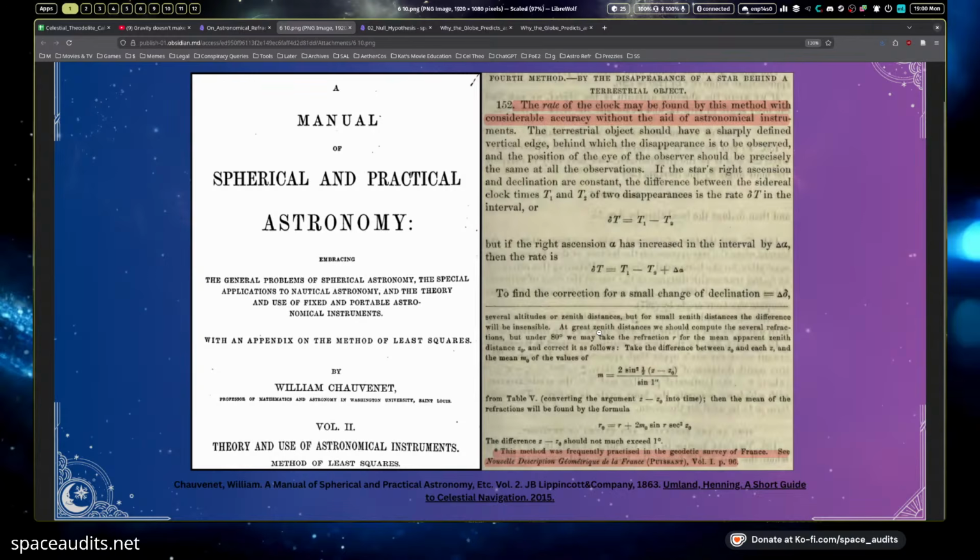When it says terrestrial object, do you think that terrestrial object is a mountain? Well, you could do a building. You could do a mountain. It doesn't matter. Is there a difference between using a building or a mountain to occlude? Only angle and distance.